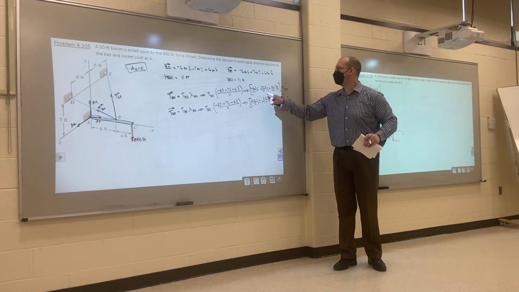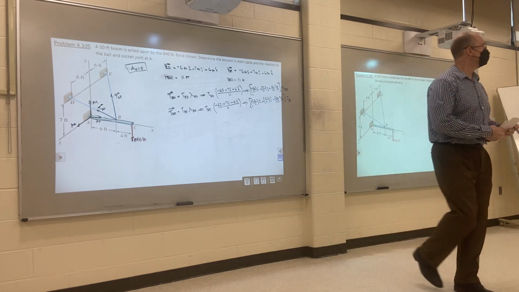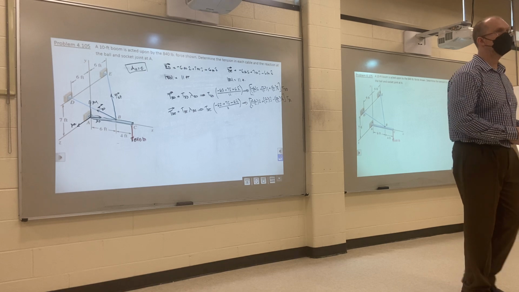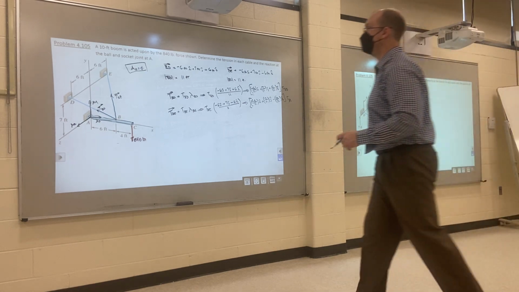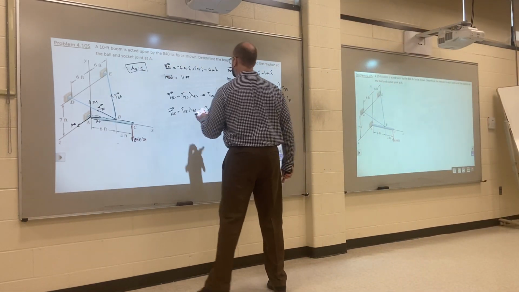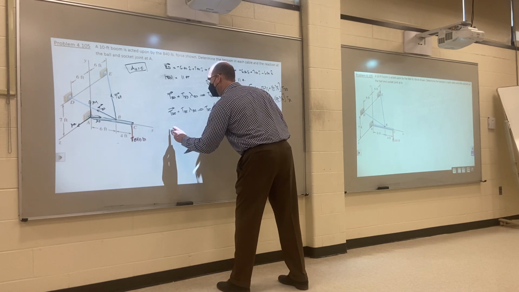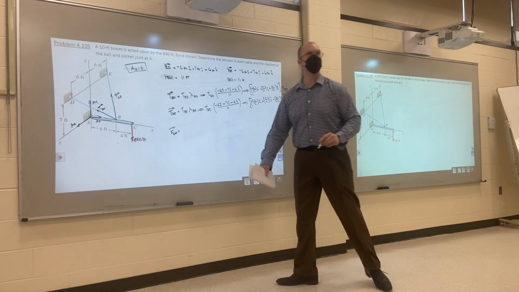Okay, so we can place these rectangular components in our determinant, right? We need to know what the position vector is for each one of those forces. RB with respect to A, I'll write that right here. RB with respect to A is equal to what? What do you guys think?